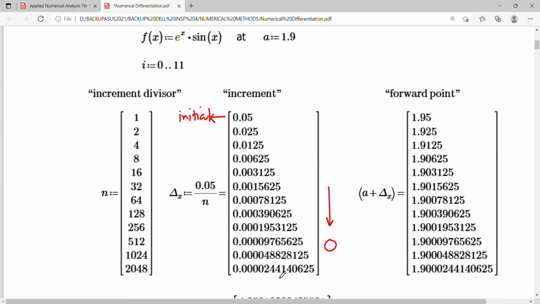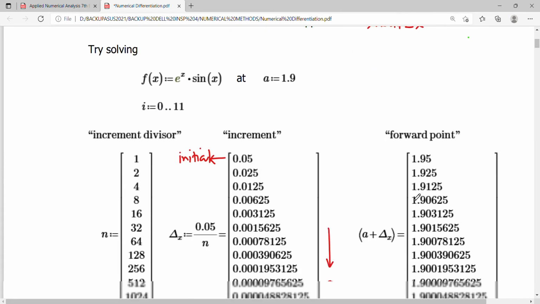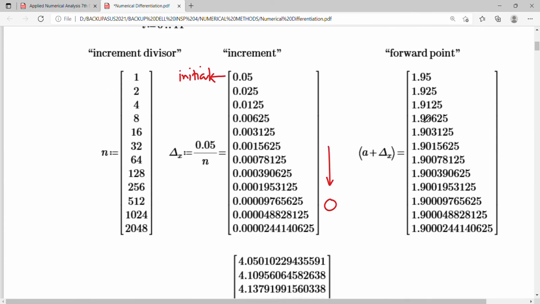Okay, so my increment divisor now, to make this 1/2 of the preceding value, is 1, 2, 4, 8, 16, etc. Okay, and my forward point, a plus delta x, which is the value of x here, this point. So x here is actually a plus delta x, becomes this one here.